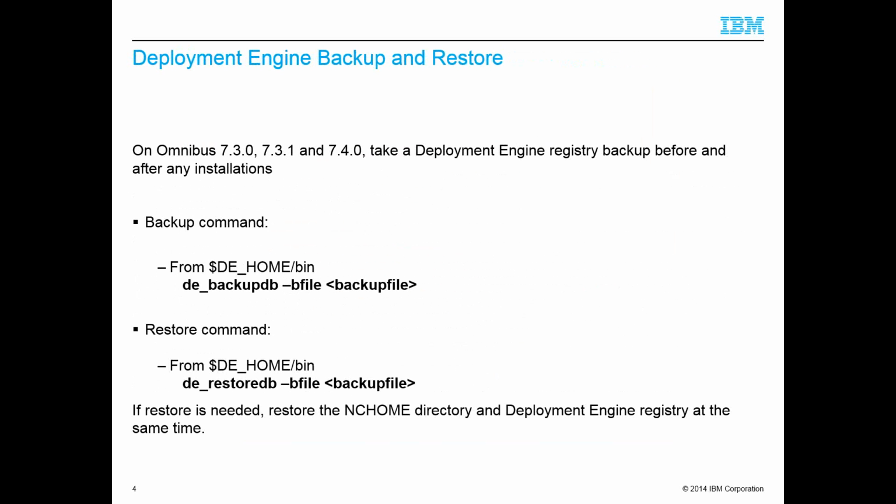If you just run DE backup DB with the backup file, the file that's created is very small. It's just the registry file itself. You don't have to back up ACSI, because if we have to restore, we can install the deployment engine new on the box and then restore the registry through this command. So it's more important to have just the registry than your entire ACSI directory.